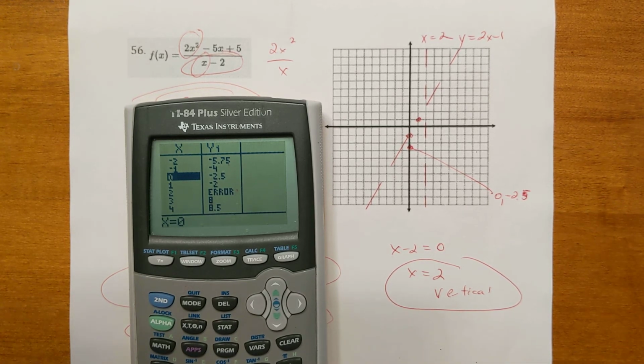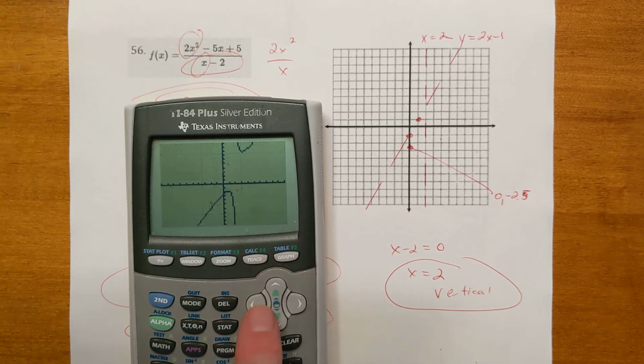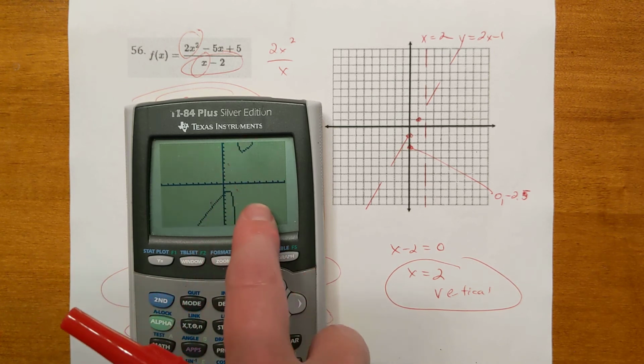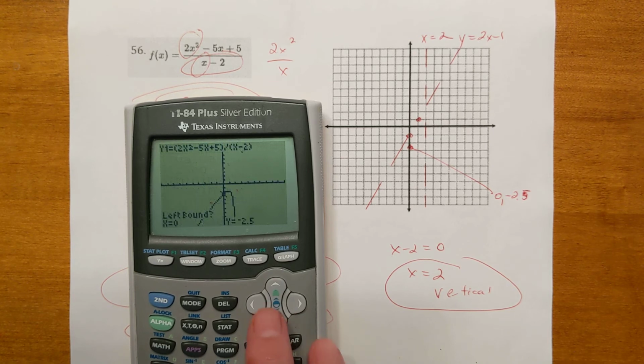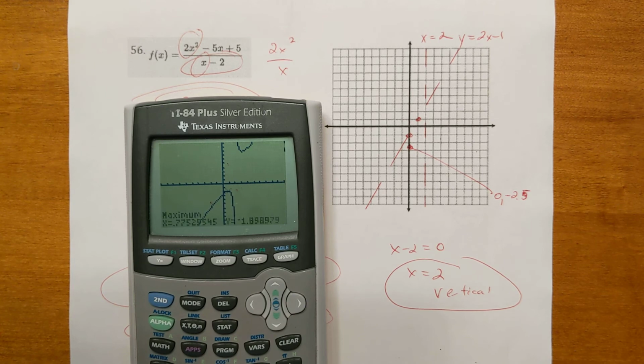All right, and so let's grab the max here from the graph. We need that max and that min. So that max, second calculate the max. All right, the spider is already to the left, so I'm going to hit enter. Go over the hill, go all the way past it. It doesn't matter how far you go.